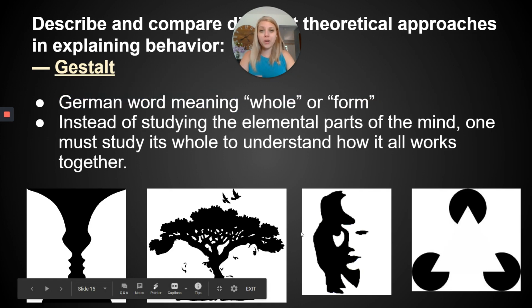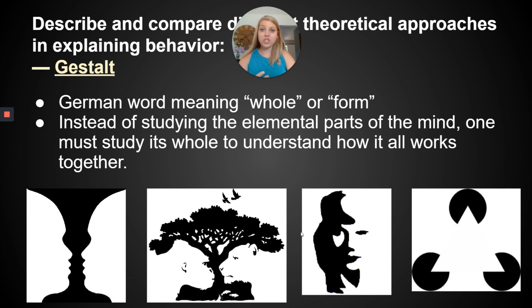If you recall, in our last lesson, when we talked about some of our major early psychologists, we talked about Edward Titchener. Titchener was interested in the idea of structuralism and looking at the elemental structures of the mind.